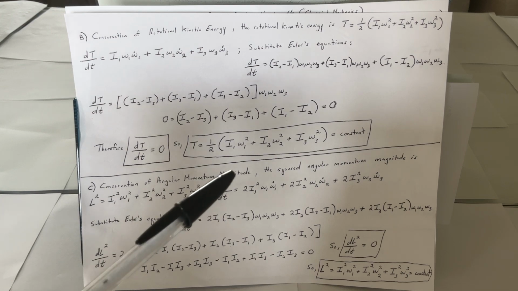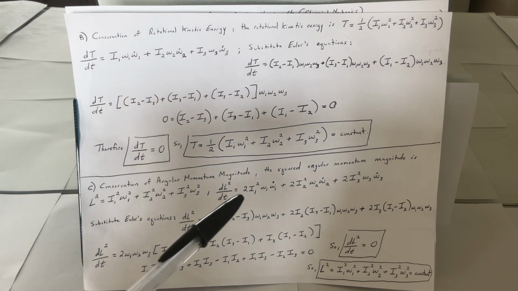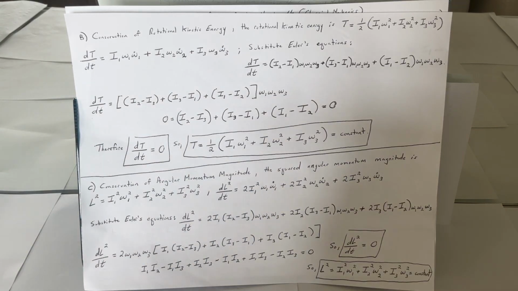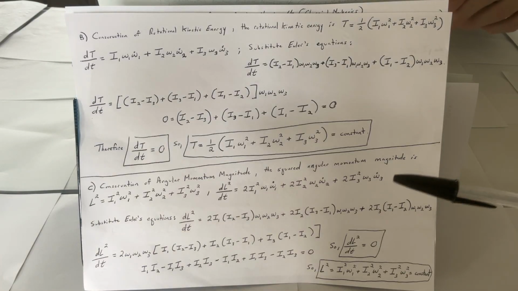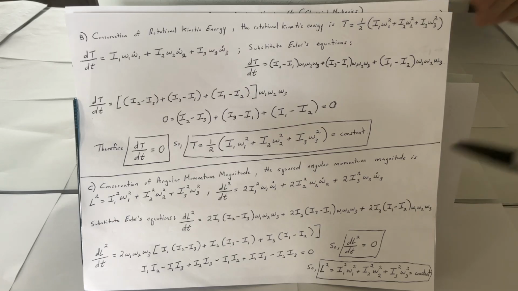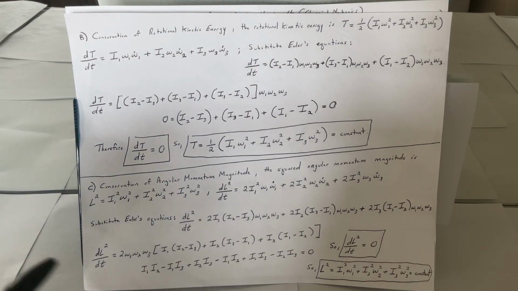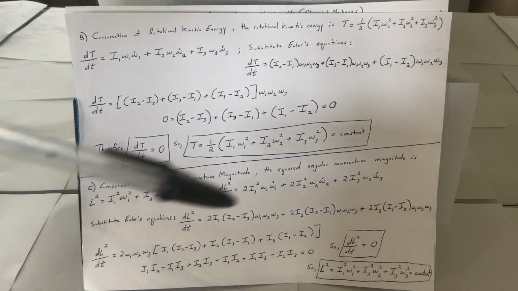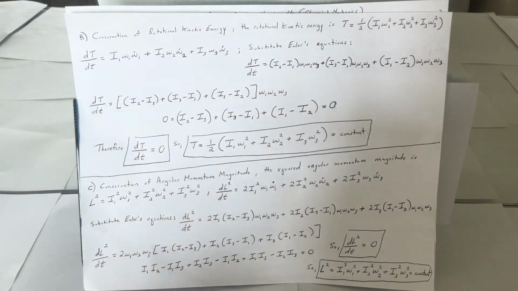And then we get dL squared/dt equals 2 I sub 1 squared omega sub 1 omega sub 1 dot plus 2 I sub 2 squared omega sub 2 omega sub 2 dot plus 2 I sub 3 squared omega sub 3 omega sub 3 dot. If we substitute in Euler's equations, dL squared/dt equals the following.